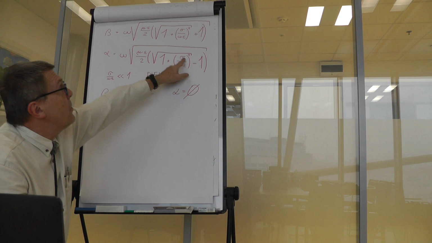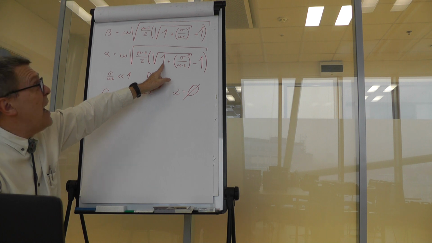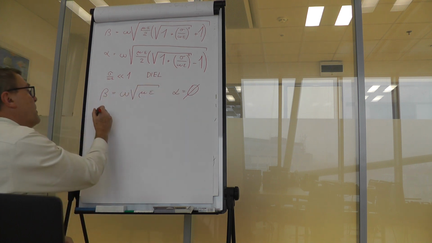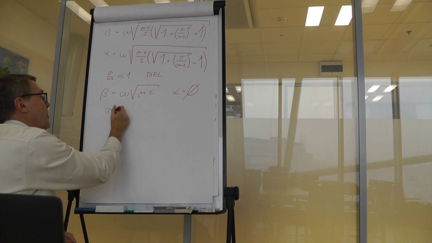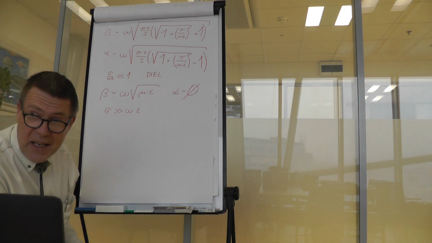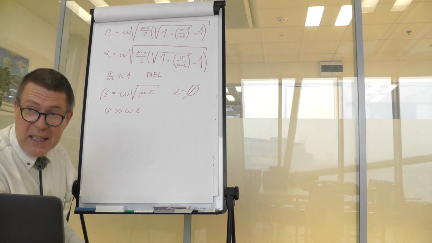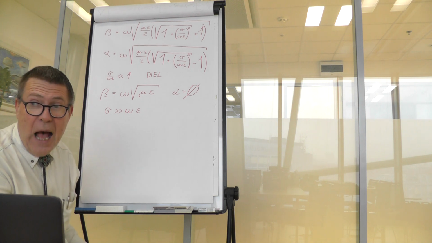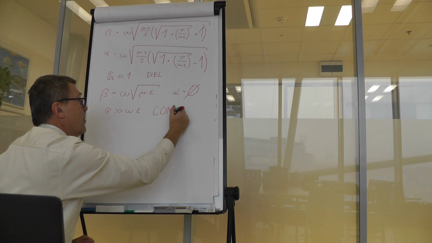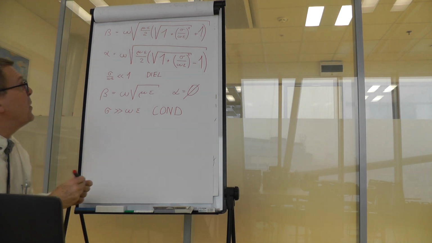Once this fraction gets much bigger than 1, and that is when sigma is much bigger than omega epsilon, and that is when conduction current highly prevails over displacement current, we will have a conductor. And within this case, we can again simplify the full equation.